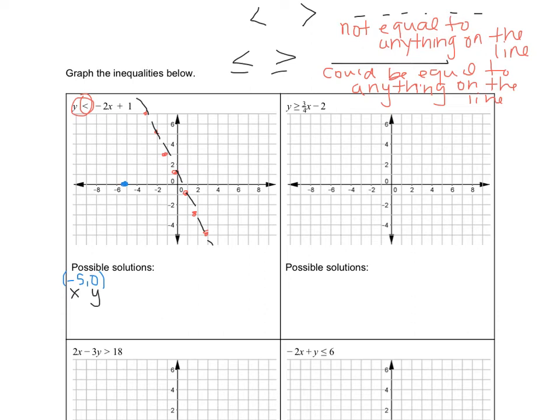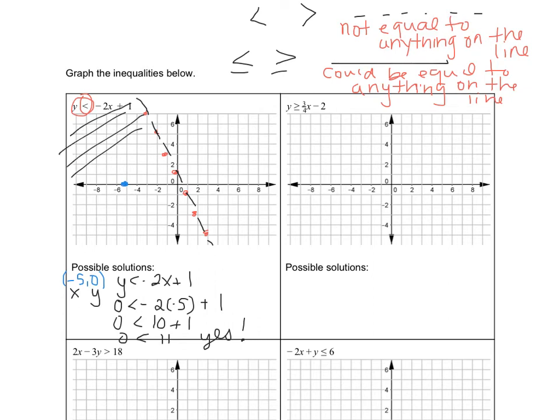If I test this out for y is less than negative 2x plus 1, I plug this in: is 0 less than negative 2 times negative 5 plus 1? Well, negative 2 times negative 5 is positive 10. 10 plus 1 is 11. Is 0 less than 11? Yes. So that means this blue point that I drew is a solution. And since it's a solution, all of the other stuff that's on the same side of the line is also a solution. So I'm going to shade this side right here.